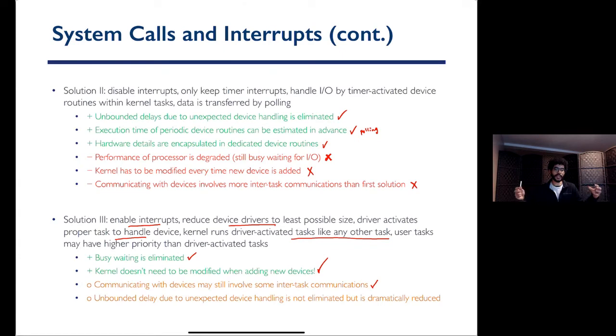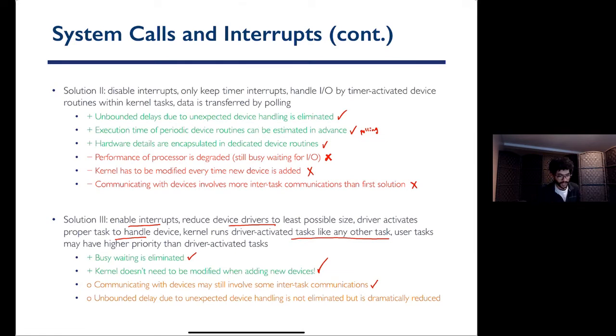So we have, again, introduced inter-task communication because, let's say a packet arrives, the interrupt handler creates a new task to take care of this new arrival. And then this new task at some point runs and handles the packet, and maybe it has to deliver this packet to another task. So now I have to do inter-task communication to communicate with my device, right?